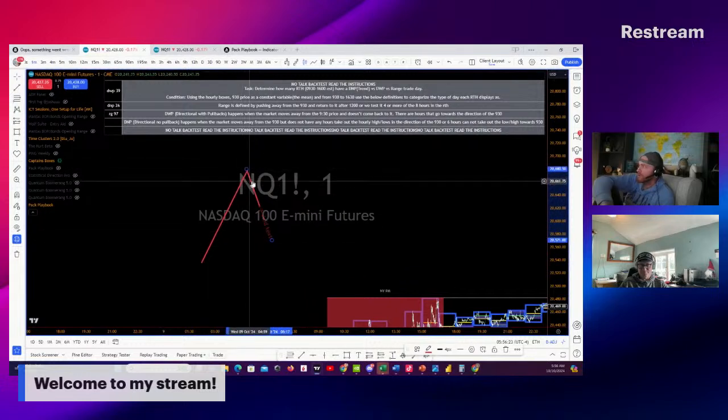Price risk for longs is up in here. Data risk for longs is right here. Price risk for sells would be right here, and data risk.